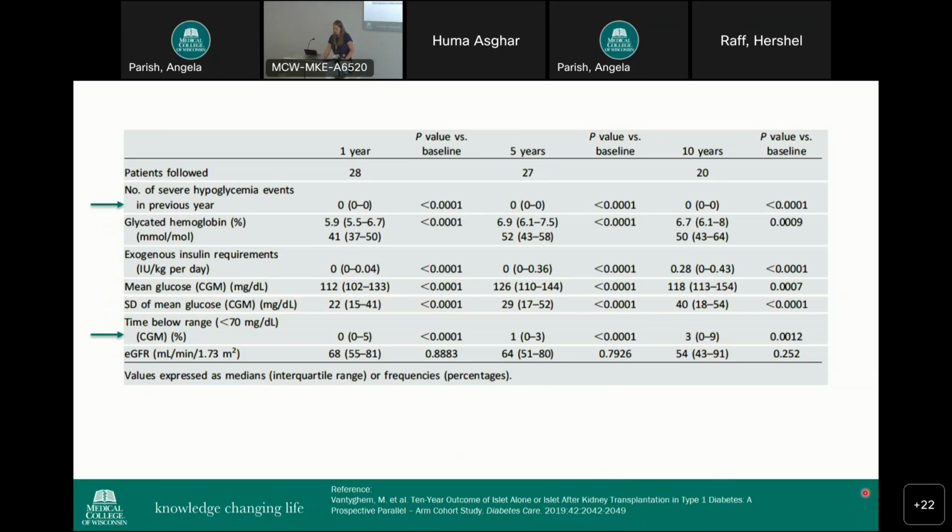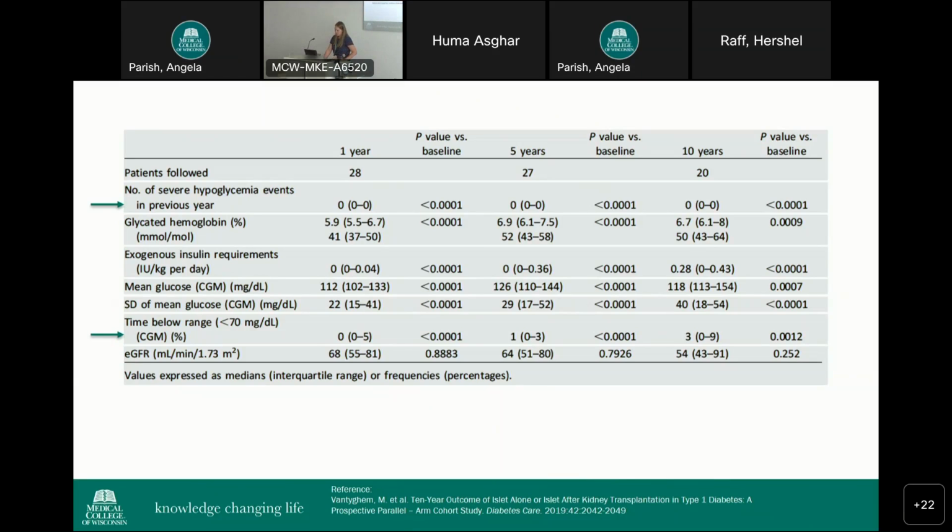The primary outcome was defined as no insulin and an A1C of 6.5%, and this study did show that this was a favorable primary outcome. Secondary outcomes looked at patient survival, yearly incidence of hypoglycemia, graft function, C-peptide production, and then daily CGM profile.